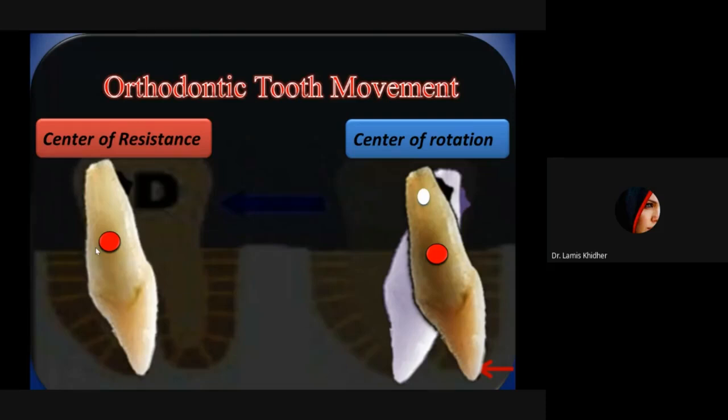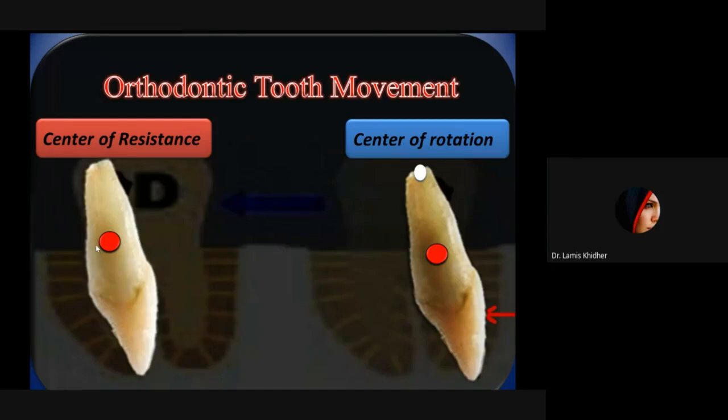The second position of the center of rotation will be at the apex of the roots. This is the second position, which will happen when the force is applied at the center of the crown. How can we get this type of force? By using a fixed appliance.